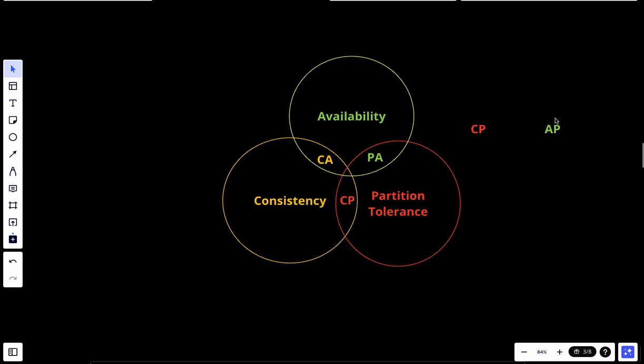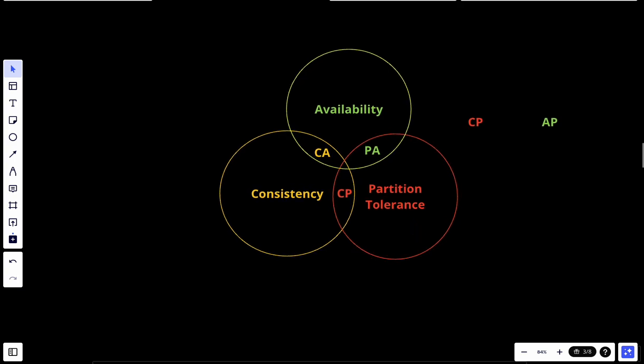Let's talk about the real world scenarios. The CAP theorem reflects the reality that network partitions are common in distributed systems. Because of that, systems often need to handle such scenarios gracefully. The specific choice between C and A depends on the application requirements and tolerance for potential trade-offs.